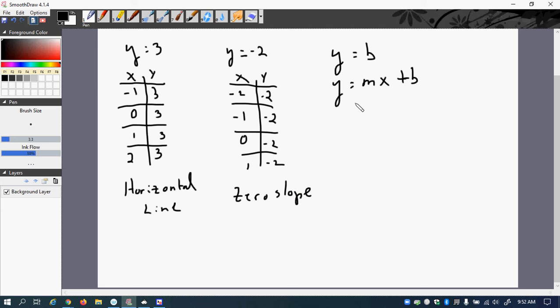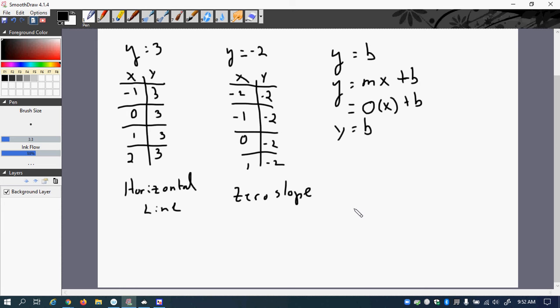So that means that 0 would be in for the m, times the x, plus the b. And so that's why we don't really need this, because 0 times anything is 0, so we just get b.